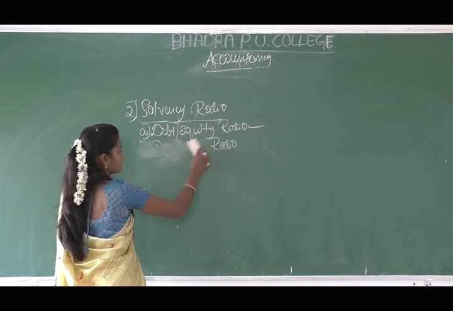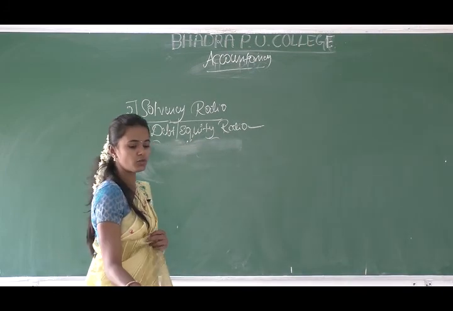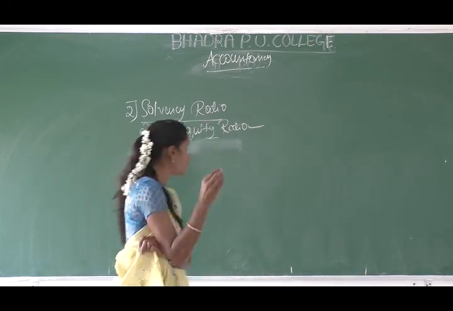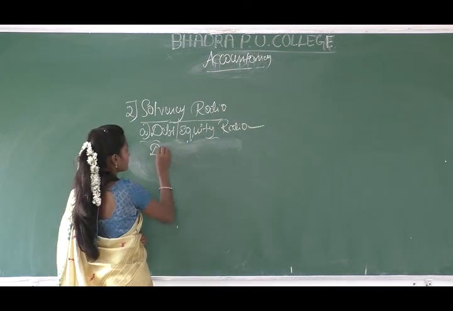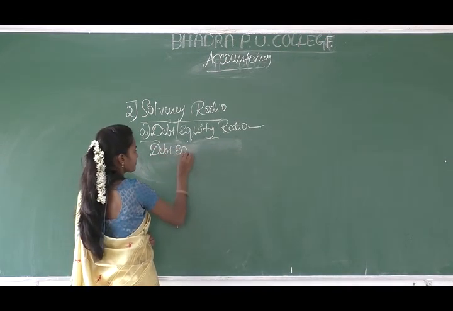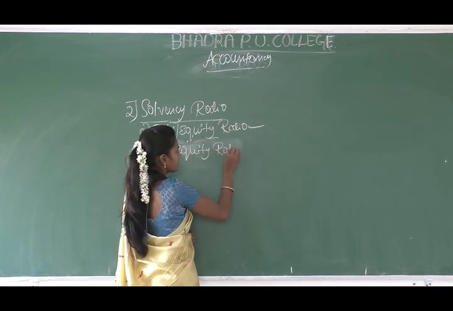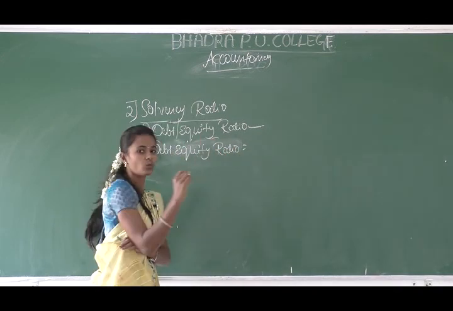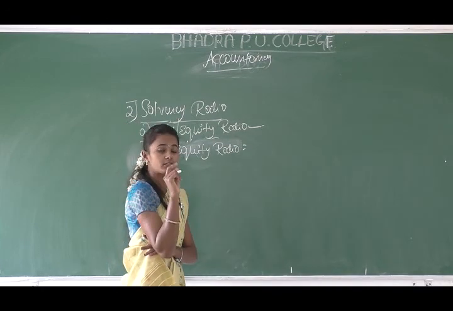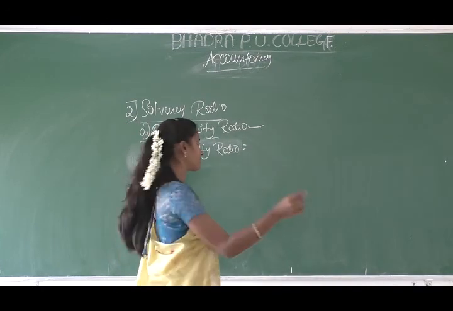Formula for the calculation of the debt equity ratio: debt equity ratio is equal to long term debt divided by shareholders fund.